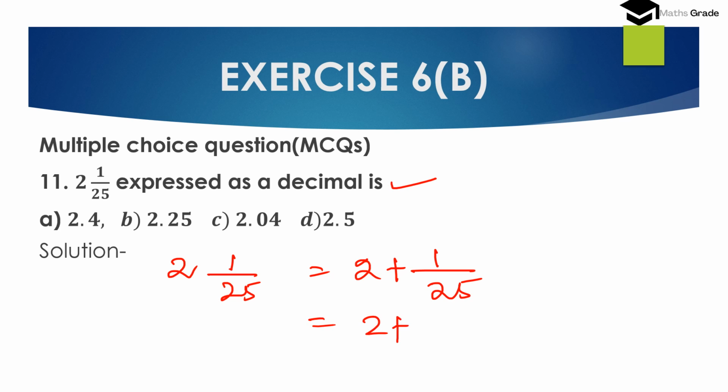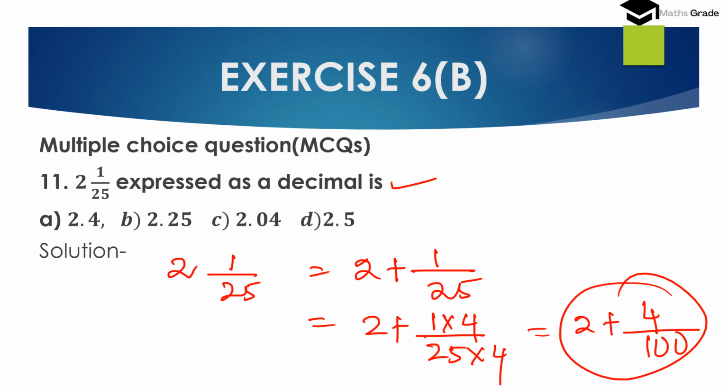Here we have to convert this fraction into a decimal, making the denominator 10 or a multiple of 10. In the denominator 25, if we multiply 25 by 4, we get 100. Now we have to multiply the same number 4 with the numerator 1. Now it is 2 plus 4 divided by 100.